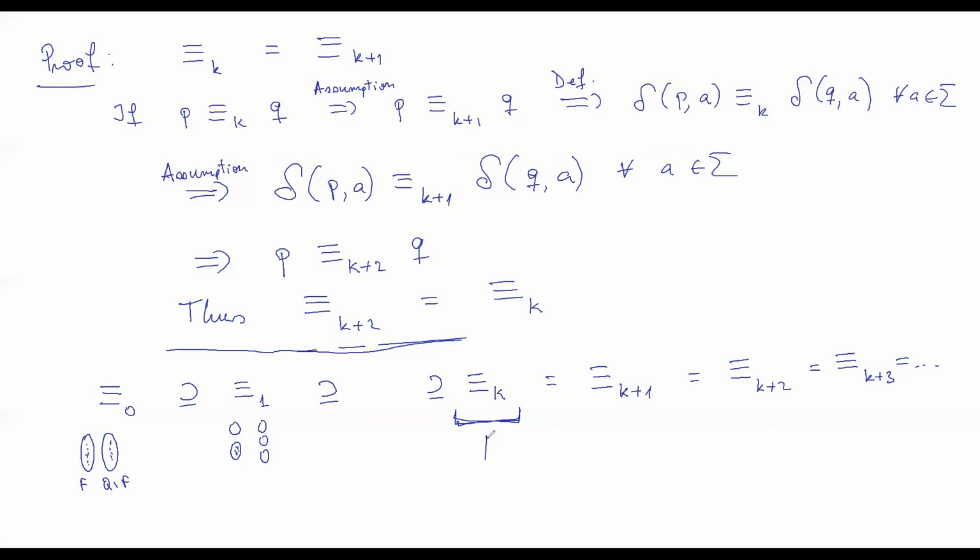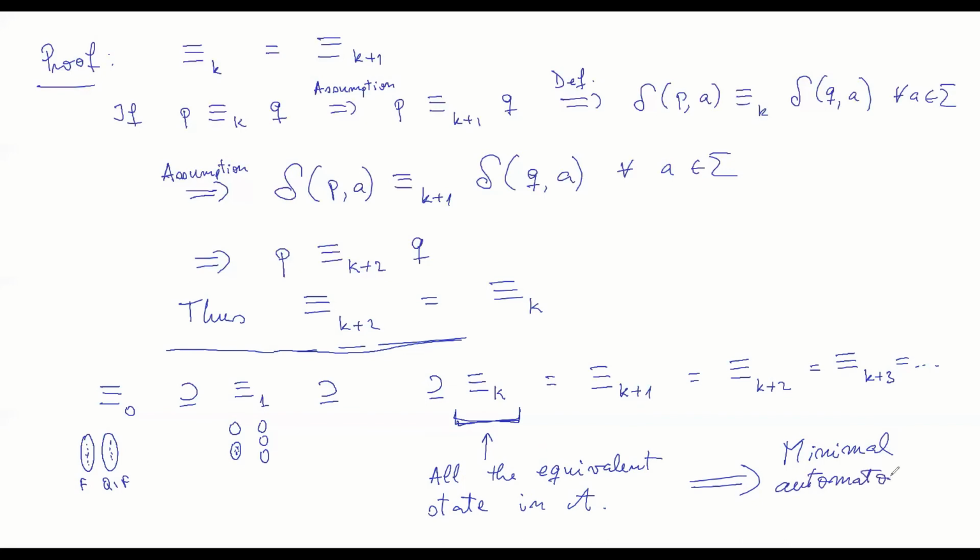And that's going to give you all the equivalent states in your automaton A, the one that you started with. And by eliminating those equivalent states, that's going to give you the minimal automaton for the language accepted by A.